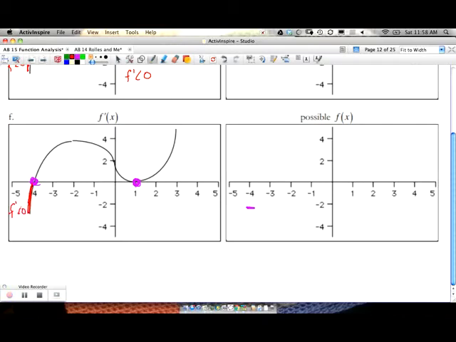So right here, f prime is less than 0. That means we're going to be decreasing in the original function. So we go down to it, but then we flatten out at negative 4. And then between negative 4 and 1, we are positive. We're increasing again. So now we're going to increase until we get to 1.